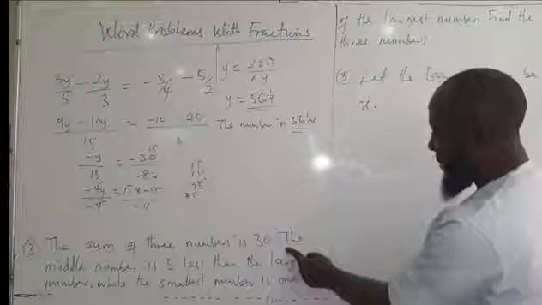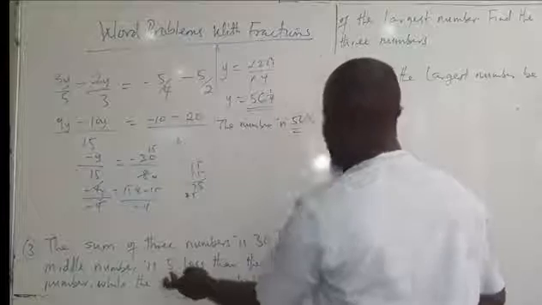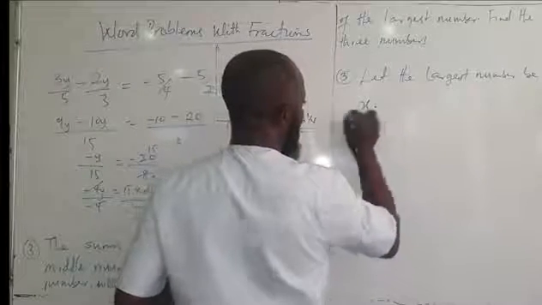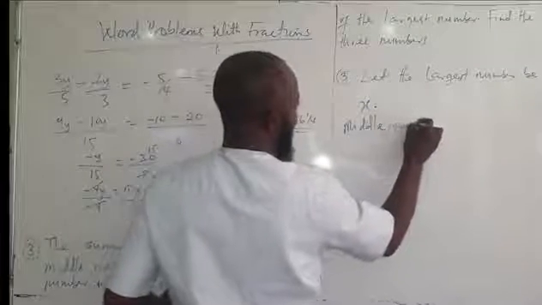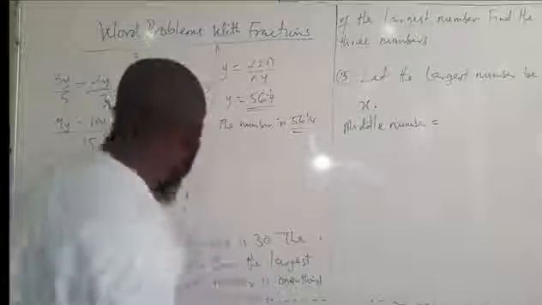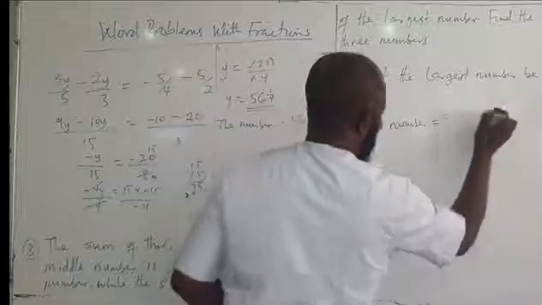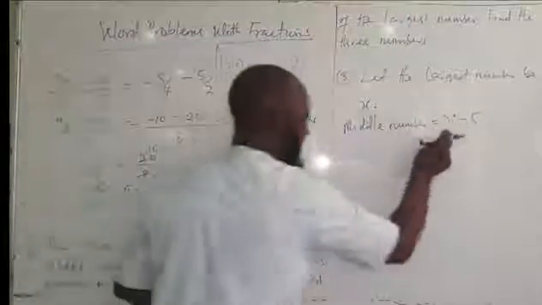The middle number, we've known the value of the largest number, which is x. Middle number will then be 5 less than the largest, that is largest minus 5.